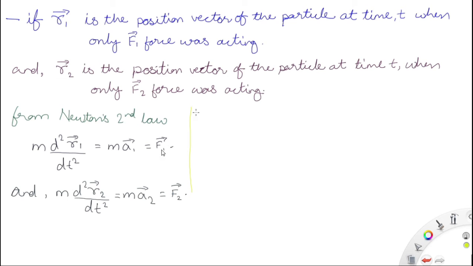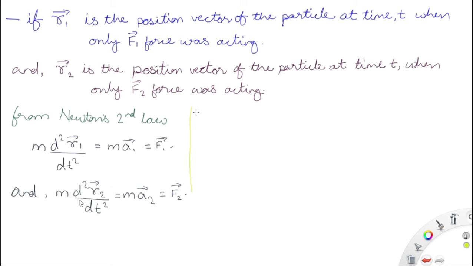Now all are vectors, and equal vectors means equal in magnitude and equal in direction. So the direction of r1 is equal to the direction of a1, which is equal to the direction of F1. Similarly, r2 is the position vector for the second case.